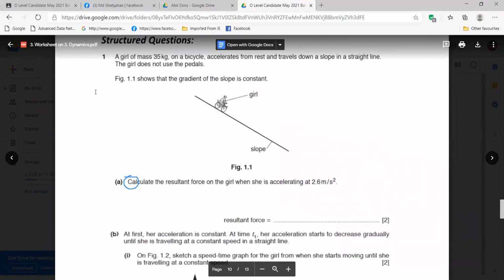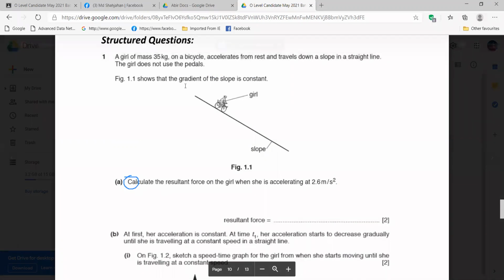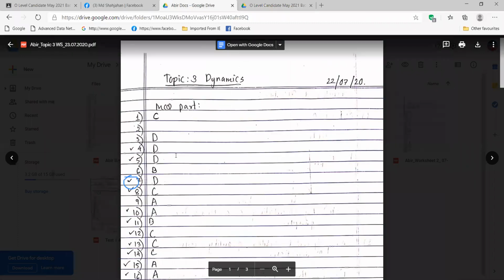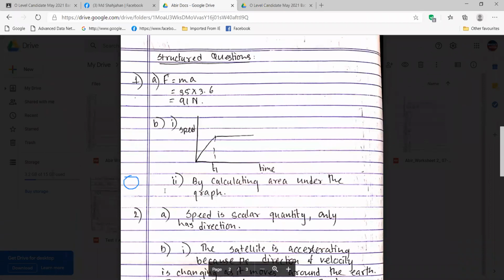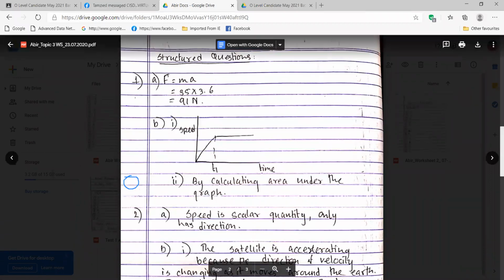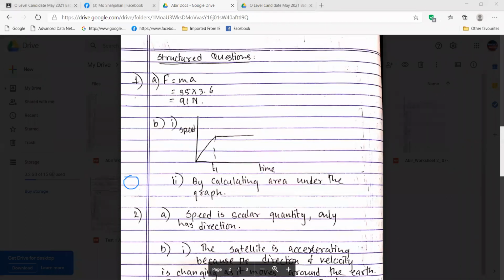Now I am going to Abir's documents, what he wrote here. So Abir, you calculated the resultant force. It is 91 Newton, right? Yes. F equals m a. It is correct. Thank you so much. Then the next part, let me check.